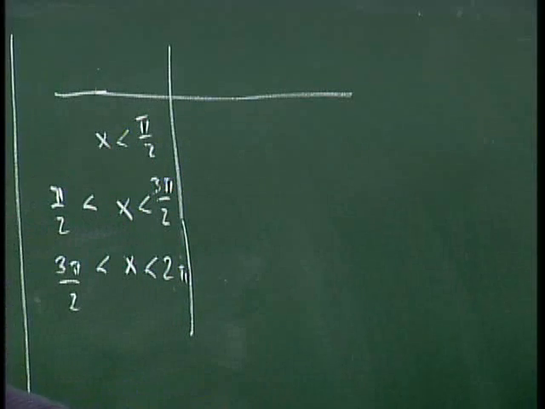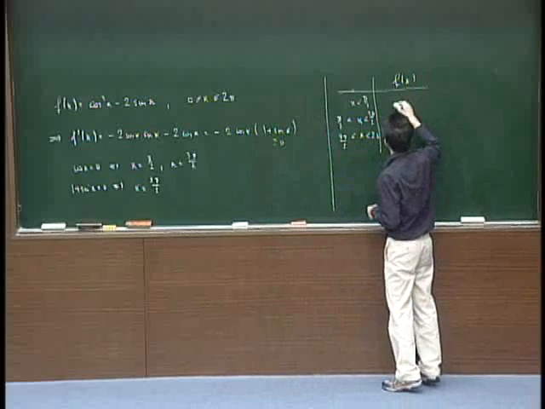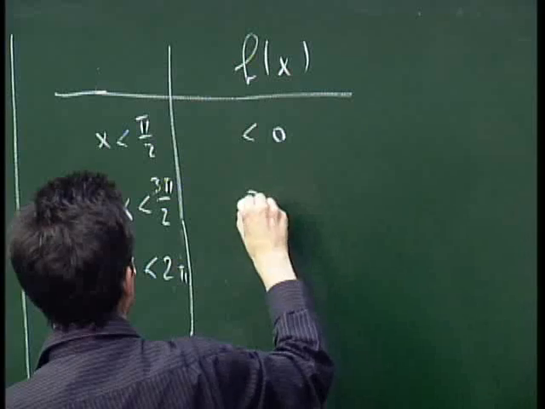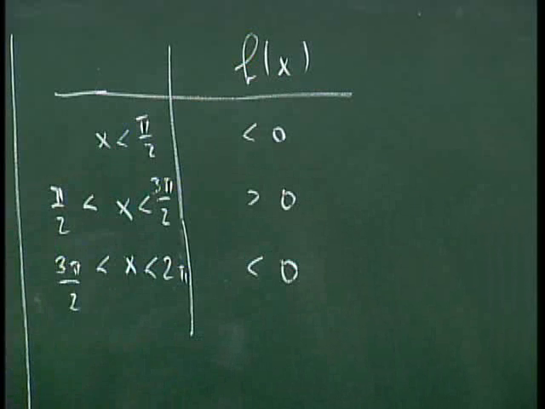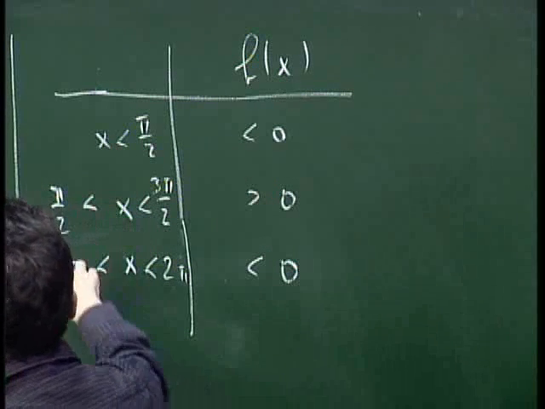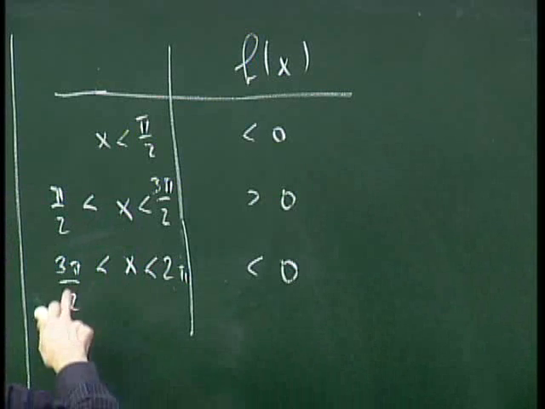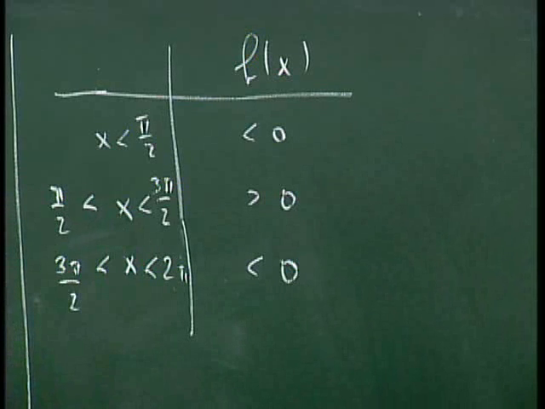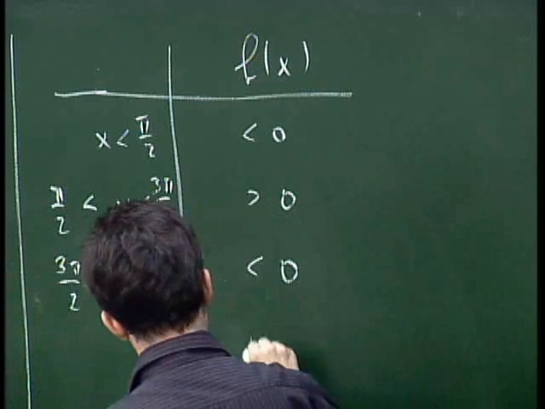And normally in the textbook you can always find a table where the author writes down all those involved factors, so the function f of x. But here we can see it immediately. So here smaller than 0, here larger than 0, and here smaller than 0 again. So in particular we see that at pi half we have a local minimum, and at 3 pi half we have a local maximum. So this already tells us quite a lot about the shape of this graph.